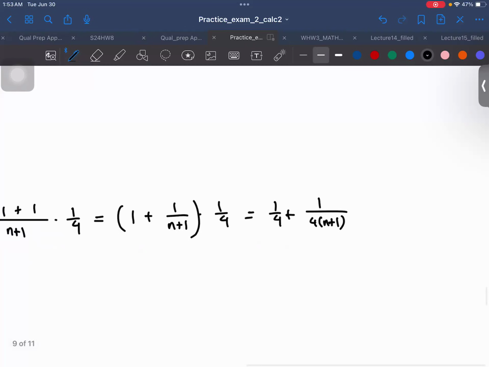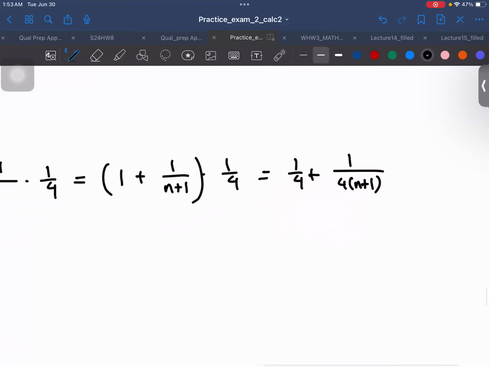And you can easily see that this thing is strictly less than 1. Since n plus 1 is greater than or equal to 2, therefore 1 over (n plus 1) will be less than or equal to 1 half.